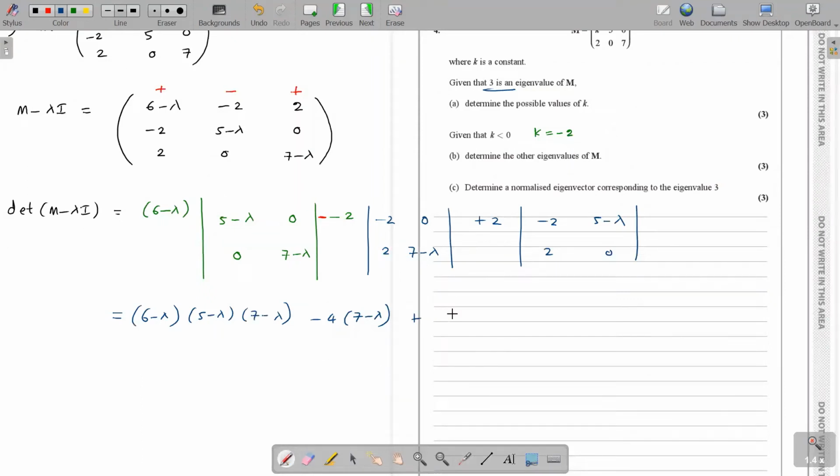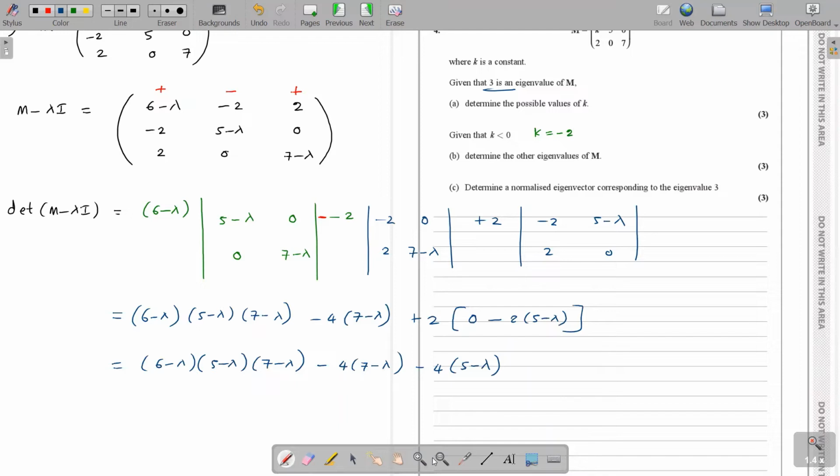This one, plus 2 into minus 2 into 0 is 0, minus 2 times 5 minus lambda. So simplify: 6 minus lambda, 5 minus lambda, 7 minus lambda, minus 4 times 7 minus lambda, 2 into minus 4 times 5 minus lambda. Are you with me?